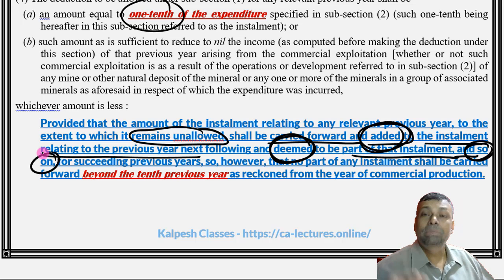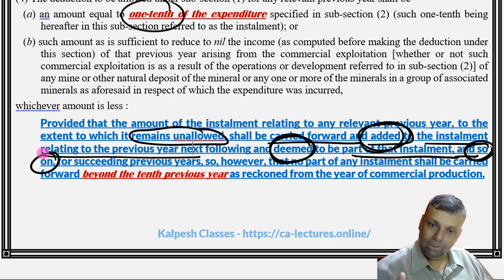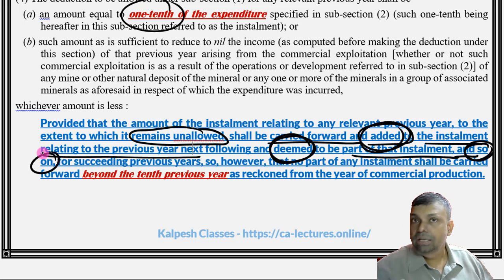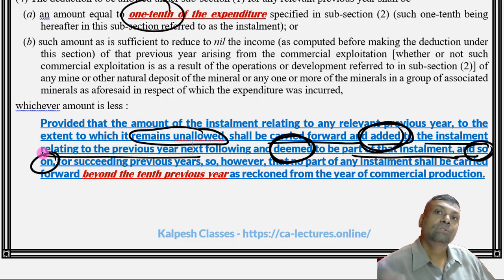That means if it remains unabsorbed, whatever was the accumulated figure has to be treated similar to the current year expenditure. That means as good as a current year expenditure, and the current year expenditure is normally going to be a business loss. So this business loss will be eligible for set off, and all the intra-head and inter-head provisions will be applicable, the reason being that it is to be added to the current year allowance.